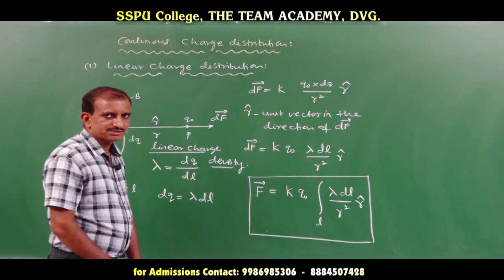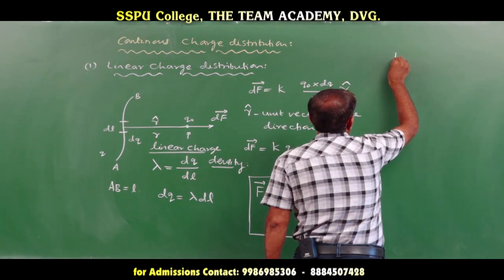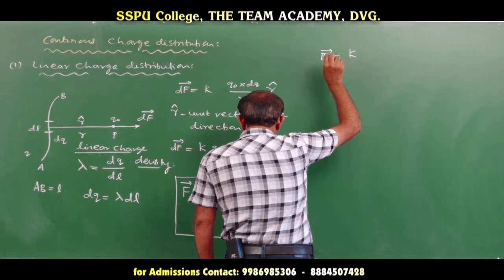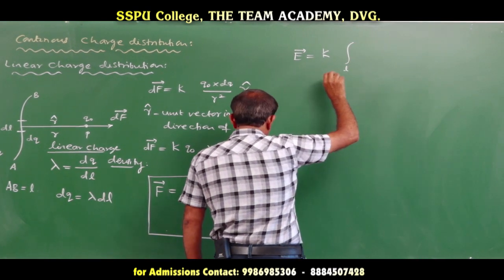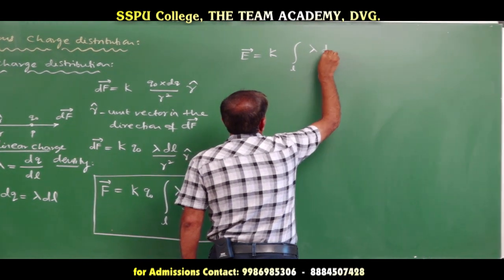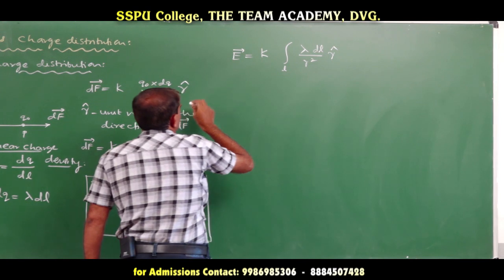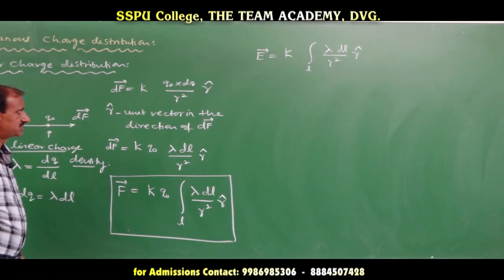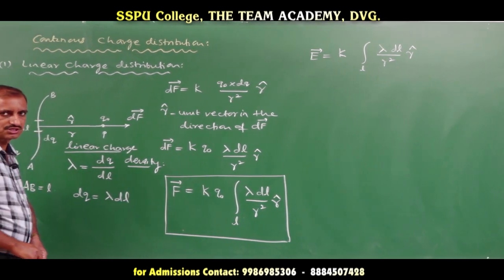We can write the corresponding electric intensity equation also. The electric intensity E is equal to k into the line integral over L of lambda into dl divided by r square into r cap, where r cap is the unit vector in the direction of the electric intensity. This is about the linear charge distribution.